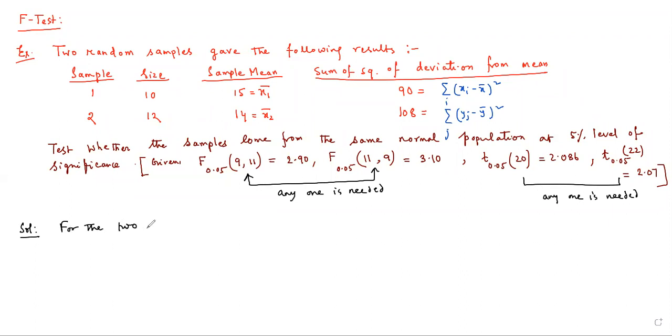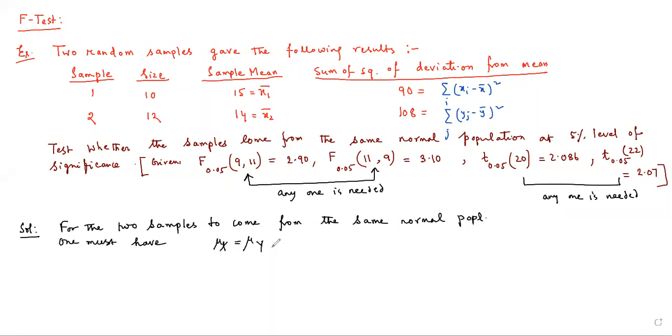Okay, so we can do it in the following manner. For the 2 samples to come from the same normal population, one must have population mean mu x and population mean mu y be the same, as well as population variance sigma x square and population variance sigma y square be the same.